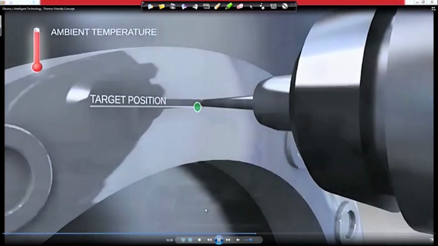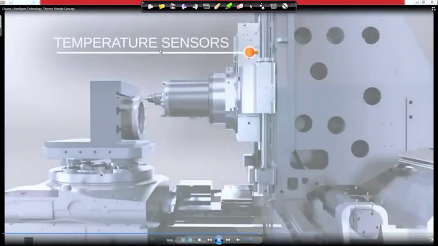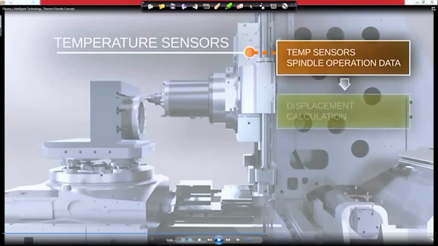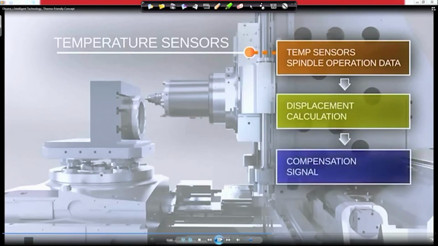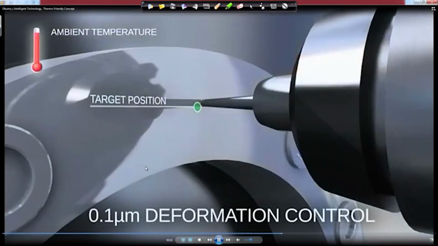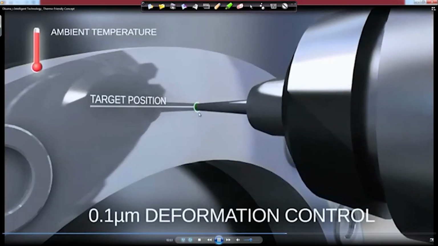So, this machine has a temperature sensor here. That temperature sensor will pick up the spindle operation data. It will calculate the displacement, how much the displacement is because of the temperature variation. That displacement will directly generate a compensation signal, and that will go to the axis control. Once you get this, again it will calculate the original location.